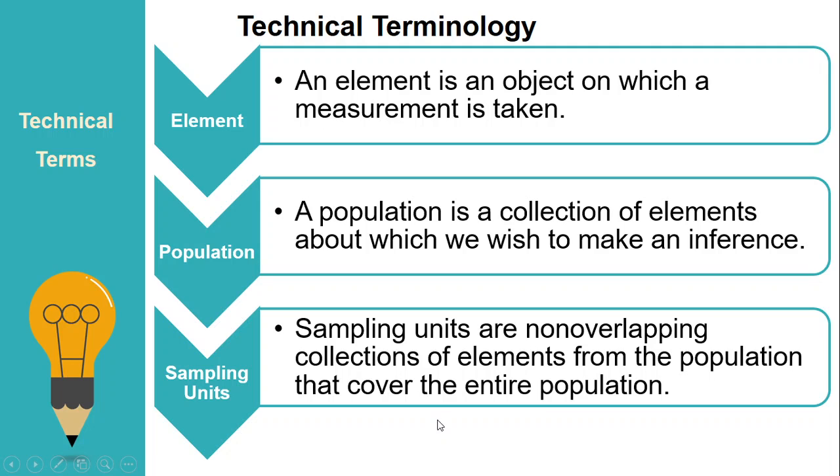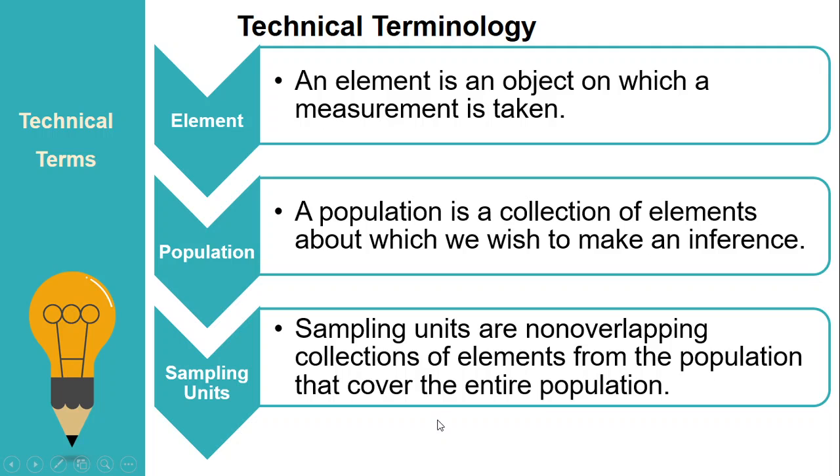A population is a collection of elements about which we wish to make an inference. The element represents the population. That's why the population is a collection of elements, objects, and people. It could be people or objects from which we collect information and do sampling.